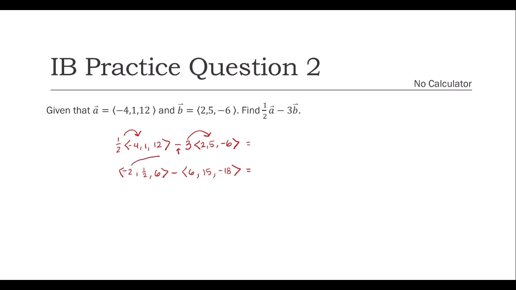So we'll do -2 minus 6 is -8. 1/2 minus 15 is going to be 1/2 minus 30/2, which is -29/2. And then we have 6 minus -18, which would give us 6 plus 18, which is 24. So this would be your answer here.